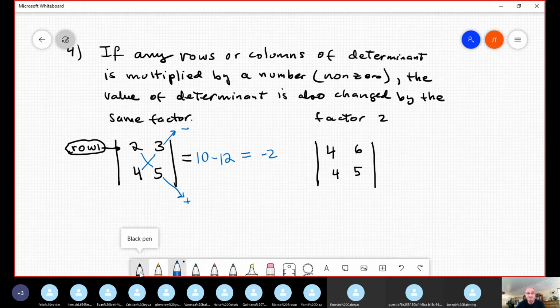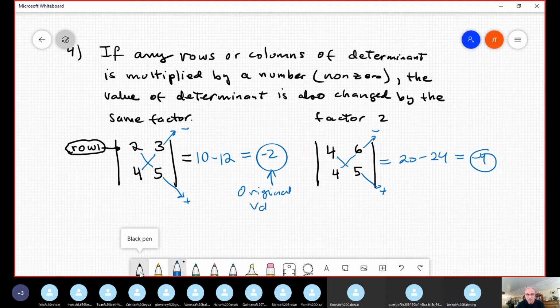The value is 20 and 24, but negative. It's negative 4. Ooh, okay, what is the issue? The issue is, this is the original value. It's negative 2.